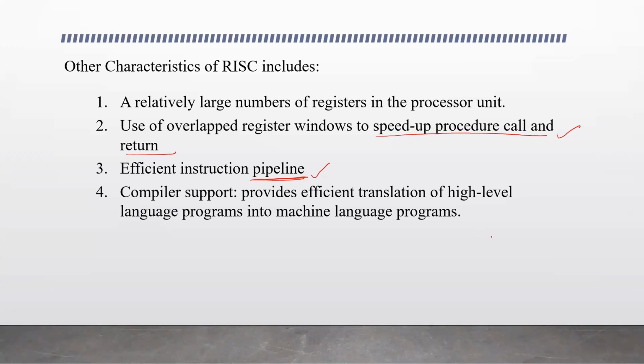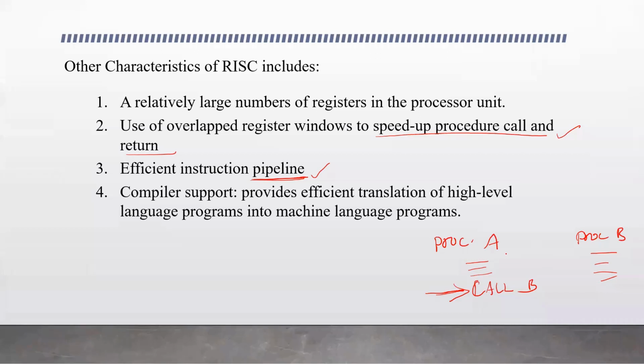Let's say there is a procedure A, and here we have the instructions, and there is a call statement that calls procedure B. We have procedure B here, with some statements. So when this call statement is executed in procedure A, what operations need to be done?